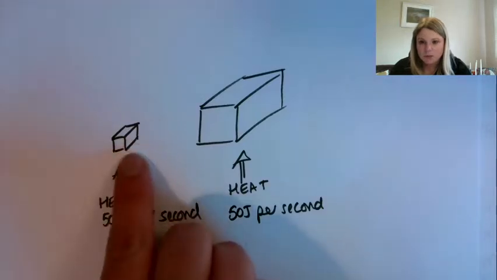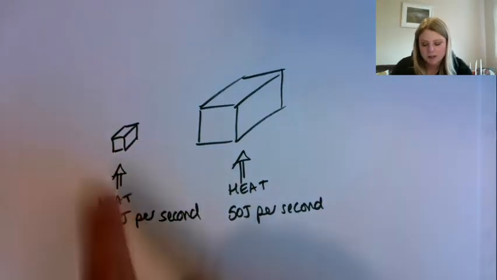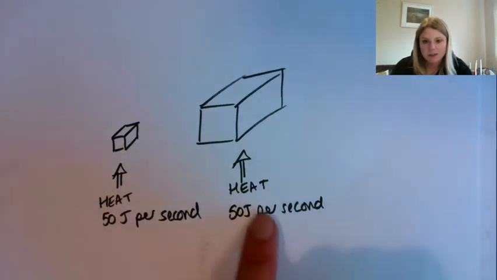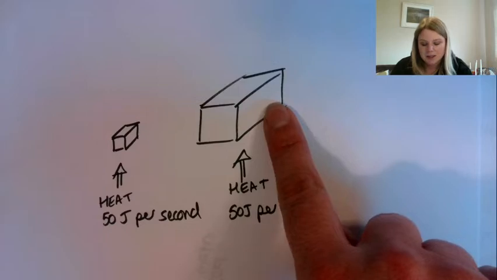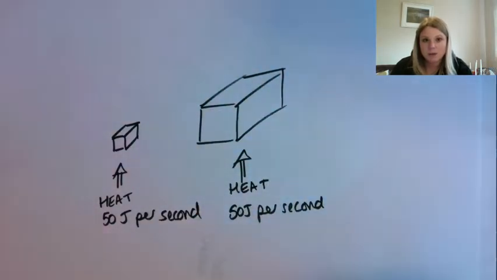For this wee small one, if we were supplying 50 joules per second, that might heat up really, really quickly. Whereas that same amount of energy per second for this one, it's going to take much, much longer to heat up, and it's all to do with the way the particles move inside the material, which we'll go into in a little more detail in the future, but for now, hopefully that makes sense.